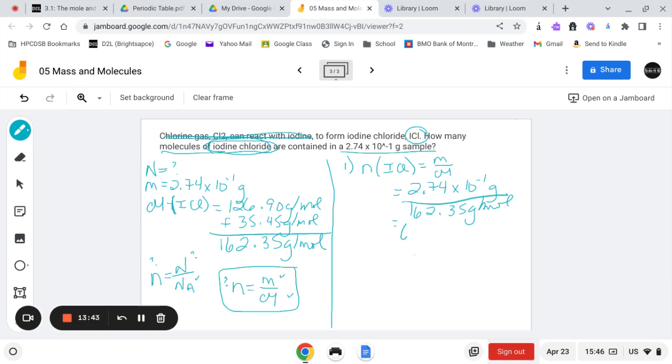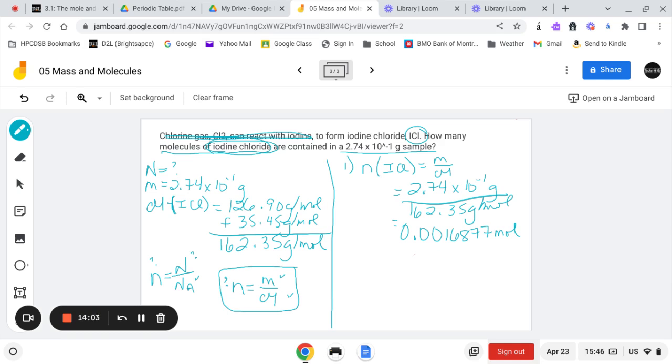You should be solving with me so that you make sure you're punching this into your calculators properly and getting the right answer. I'm going to say 0.0001687 moles is what the calculator is saying. And we're not going to round because we need this value.